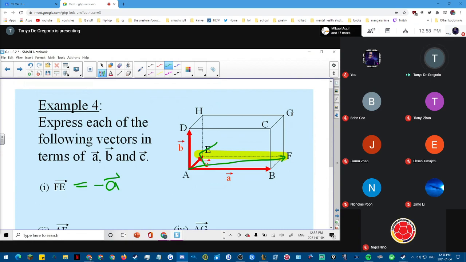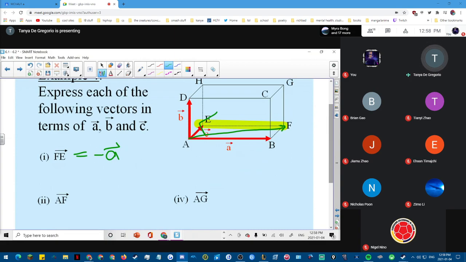So now, how can I describe vector AF? In this case, we're given a resultant. Do you guys see that? AF is a resultant. So what path can I take to get to F? Well, I got to start from A. So I could go this way.